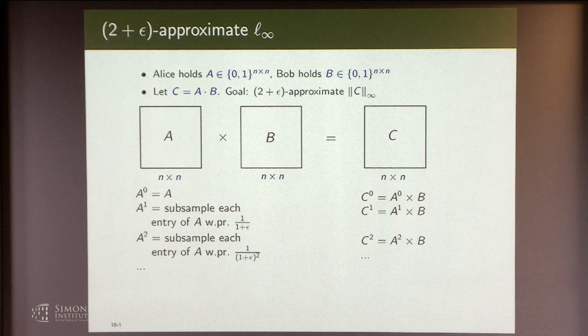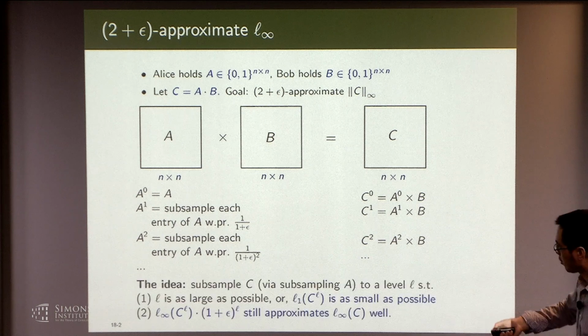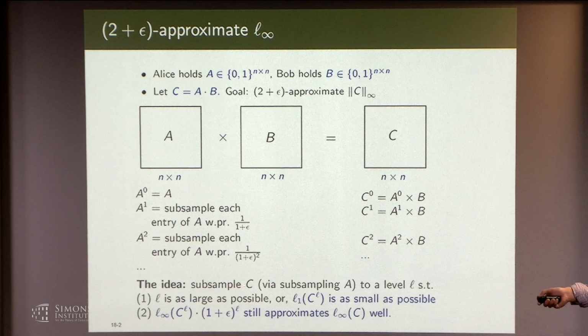We keep doing this, and our idea is to subsample C to a level L such that, first, we hope L to be as large as possible. In other words, the L1 norm of CL is as small as possible, because if it is very small, you will see what happens in the analysis.